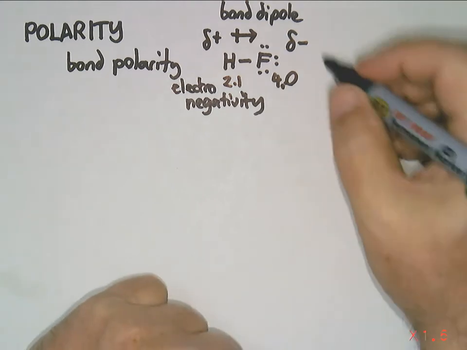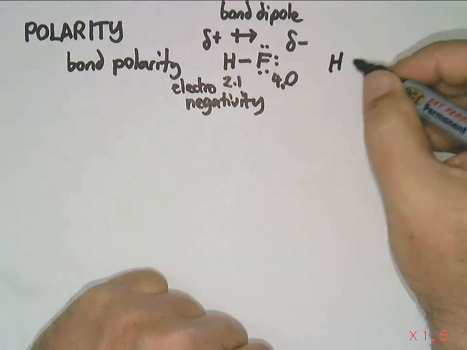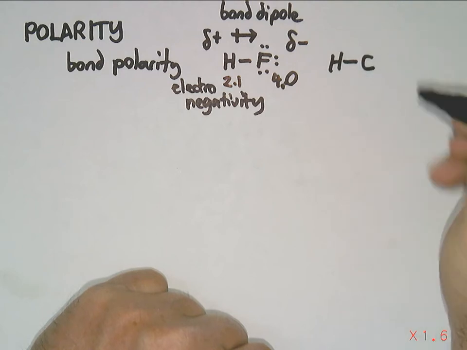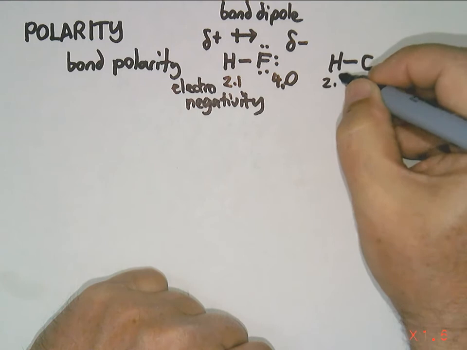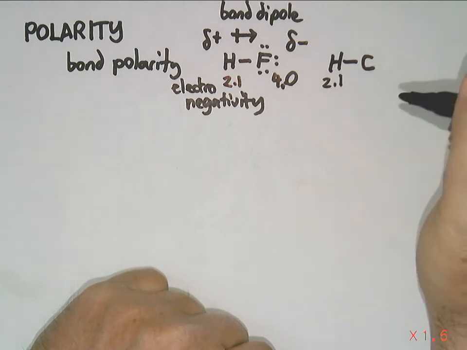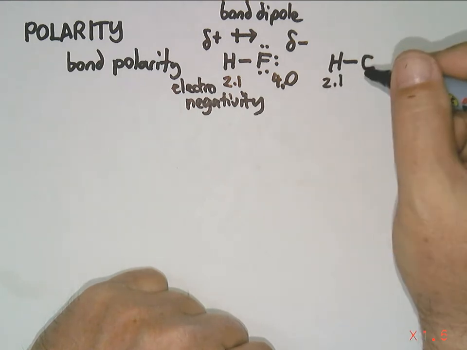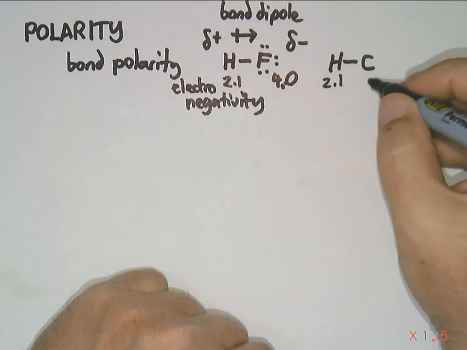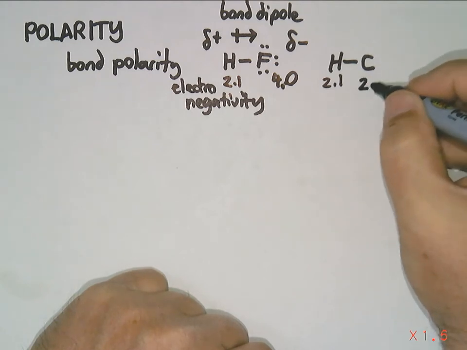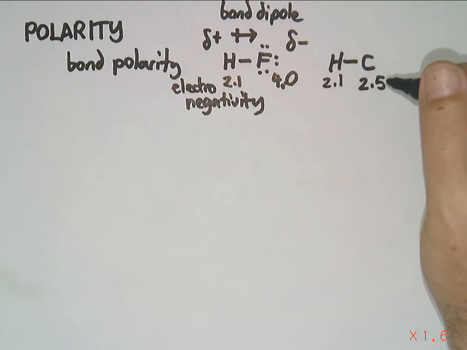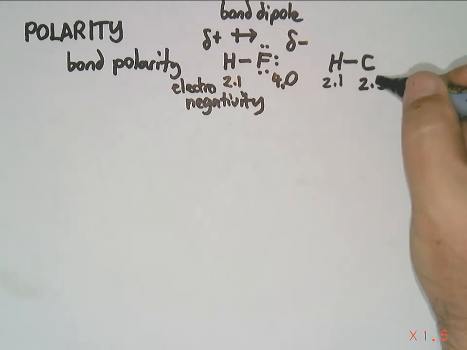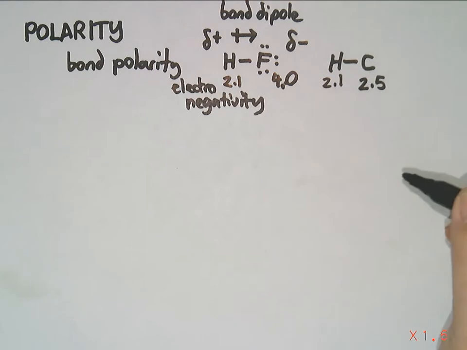Now, some bonds are polar but not very much. If you have a carbon-hydrogen bond, hydrogen has got a Pauling electronegativity of 2.1, and carbon has got a Pauling electronegativity of 2.5. So there is a difference in electronegativities here. This will be the negative end of the bond, and this will be slightly positive.